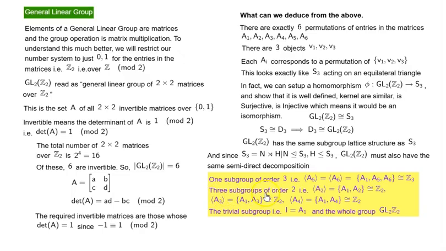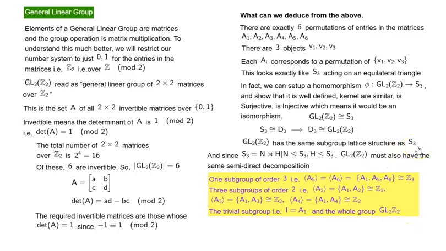And we get 3 subgroups of order 2: generated by A2, which gives us A1, A2, which is isomorphic to Z2; or a subgroup generated by A3, which gives us A1, A3, which is again isomorphic to Z2; or the one generated by A4, which gives us A1, A4, which is again isomorphic to Z2. And we have the trivial subgroup, that is the identity, which is equal to A1, and the whole group, GL2 over Z2.